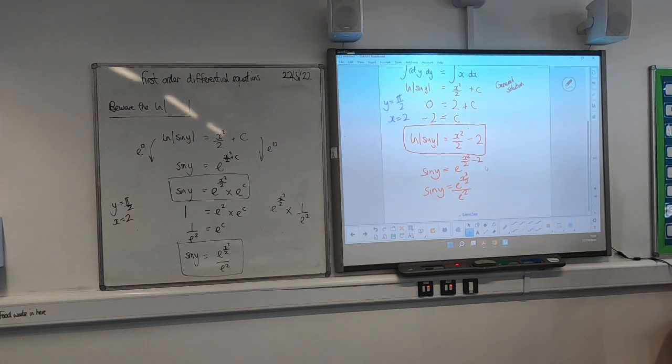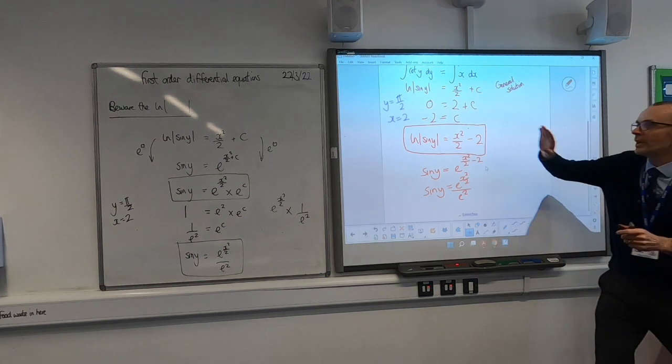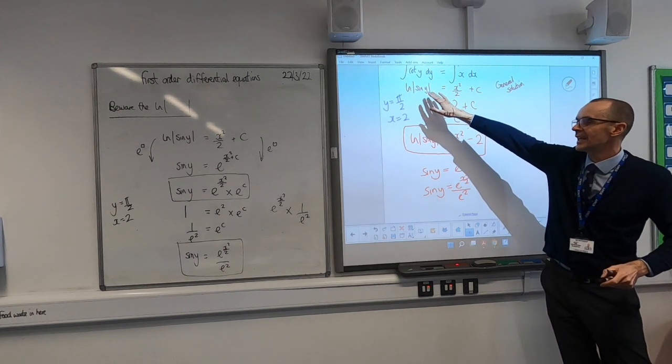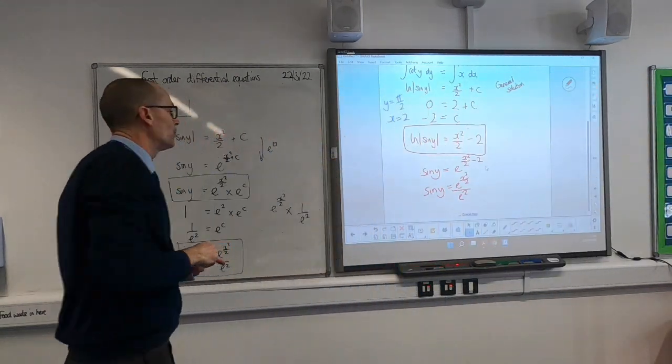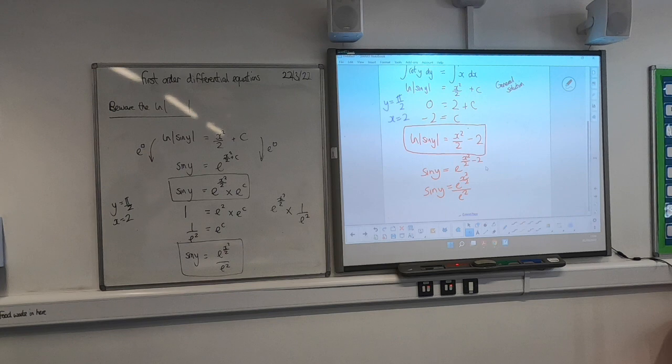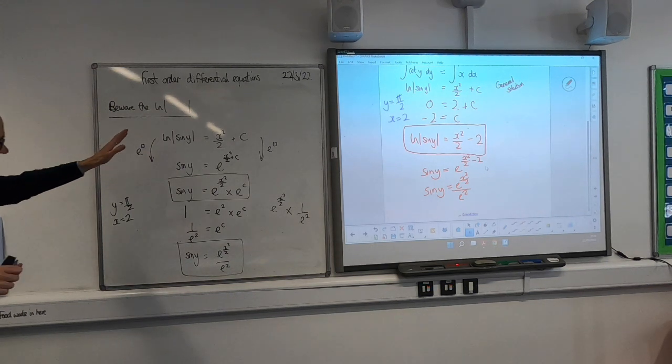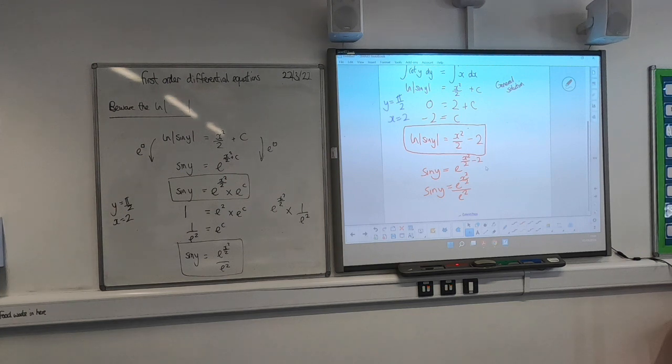So these two approaches give us the same answer. And if we never have to deal with a negative value inside those modulus signs with a log, we can use either. But if we encounter that issue there, we've got to take the steps that we've taken over here to avoid that negative problem.